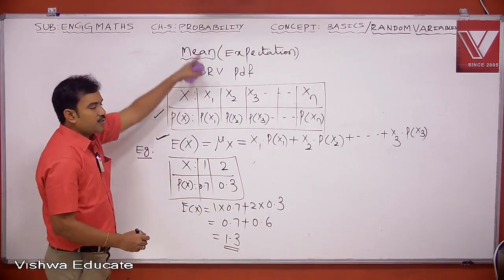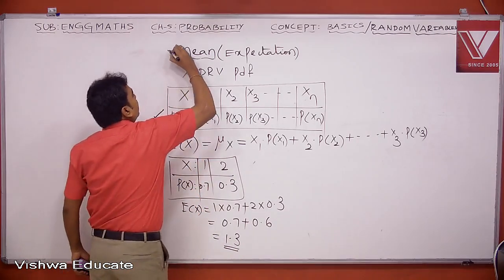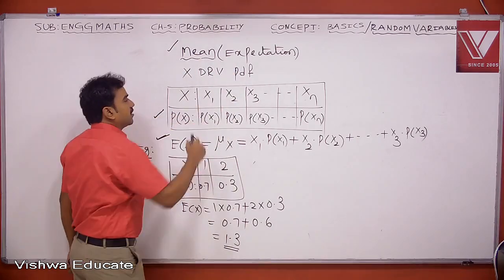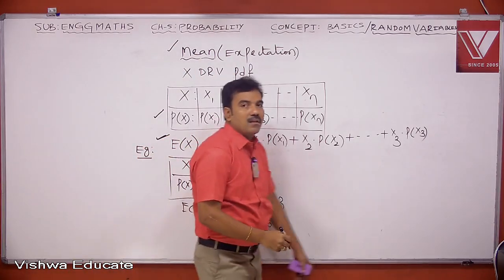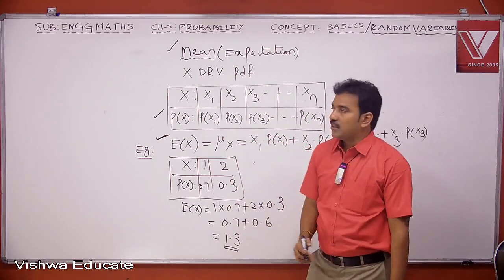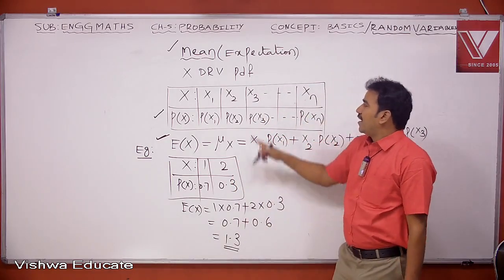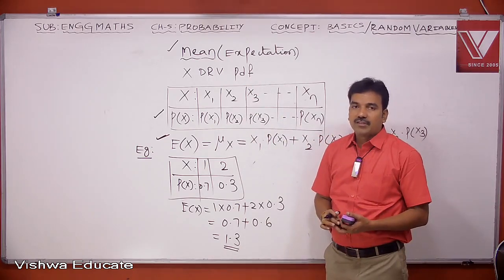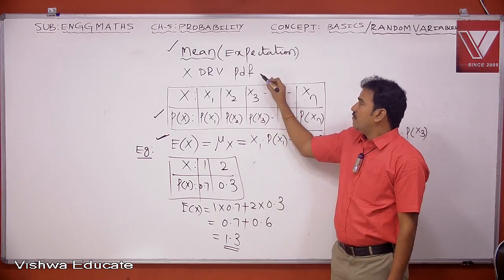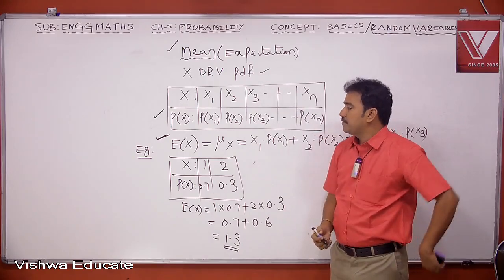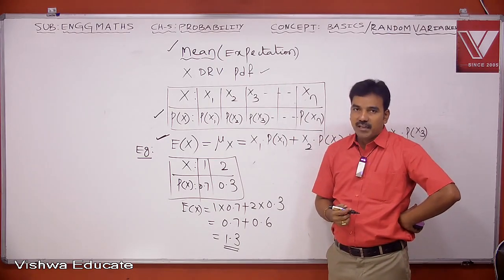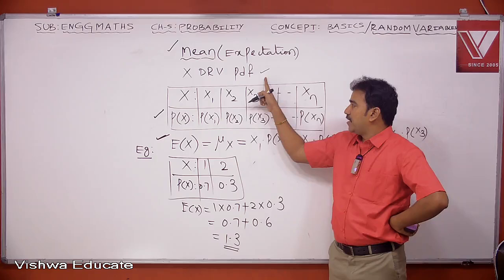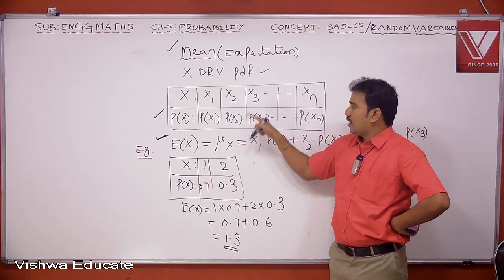Okay. So first write this heading: mean or expectation. Let capital X be a DRV with the following PDF. Write this in tabular form.